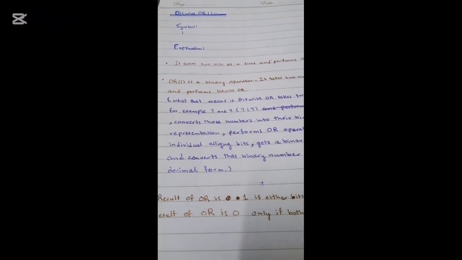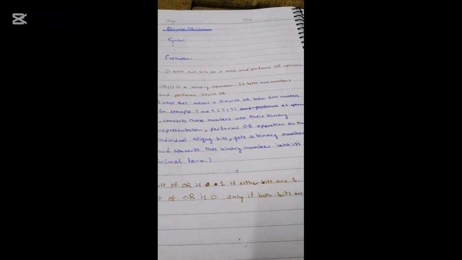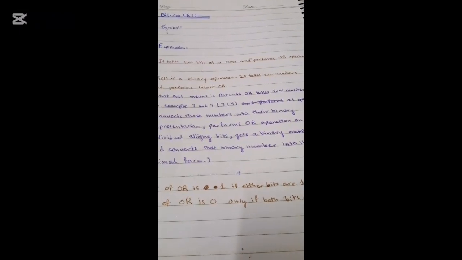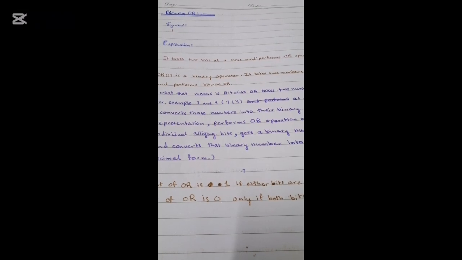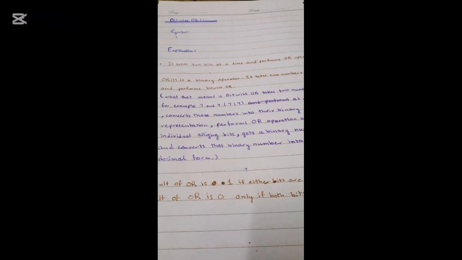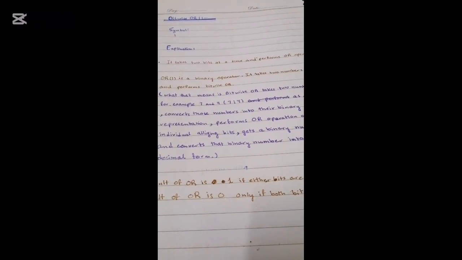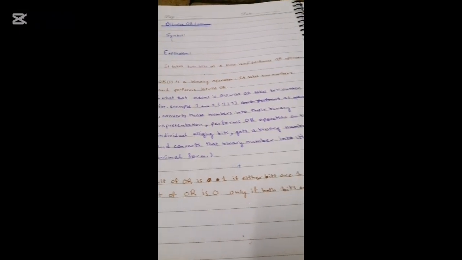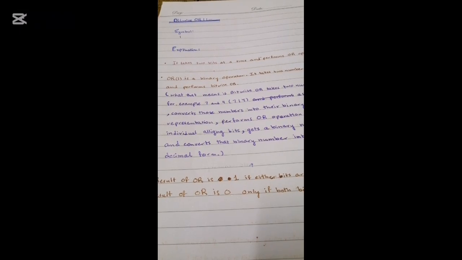What that means is bitwise OR takes 2 numbers, for example 7 and 4, and in the brackets I've written 7 or 4 as operands, converts those numbers into their binary representation, so their binary form, and performs OR operation on the individual aligning bits.